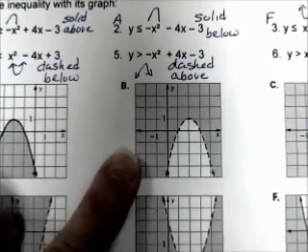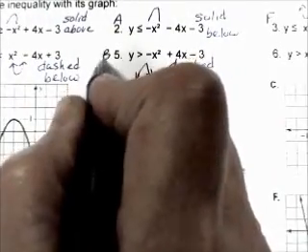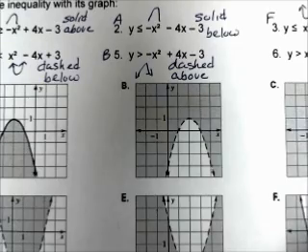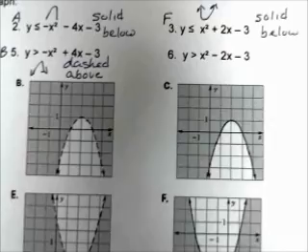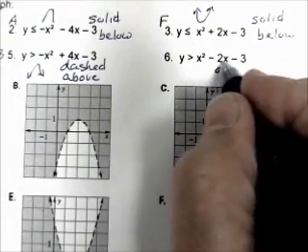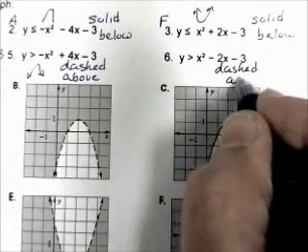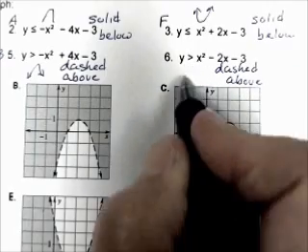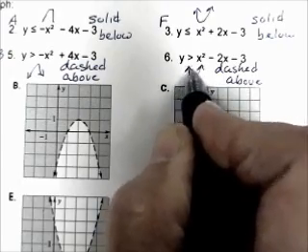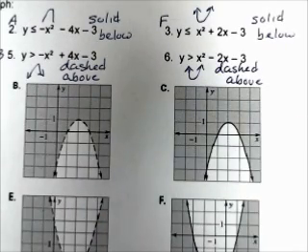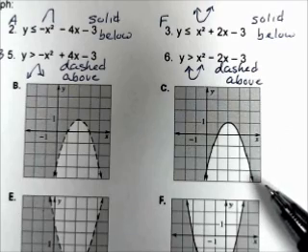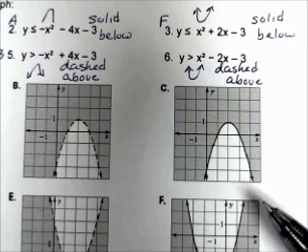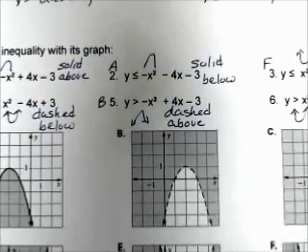Here we are, right here at B. And number 6, well, I know that only leaves us with D, but let's just work it through. Greater than, dashed, shade above, and the parabola itself, lead coefficient's positive, so it would be concave up. So concave up, dashed, shading above. Yep, that is D.